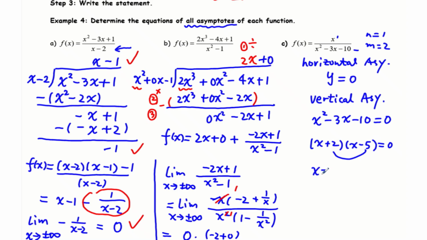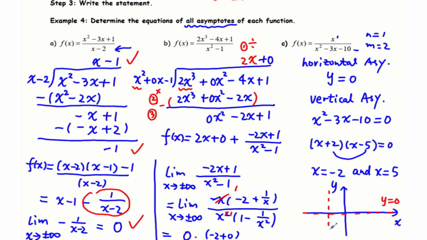Then solve it, we have x equals negative 2 and x equals 5. So they are our vertical asymptotes. You don't have to graph this one, but I like to graph it to show you where the asymptotes are. The horizontal asymptote is y equals 0. We have x equals negative 2, x equals 5. So they are the 3 asymptotes for this question.